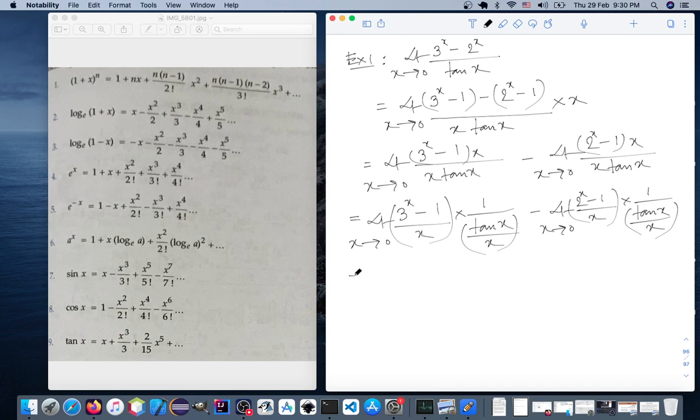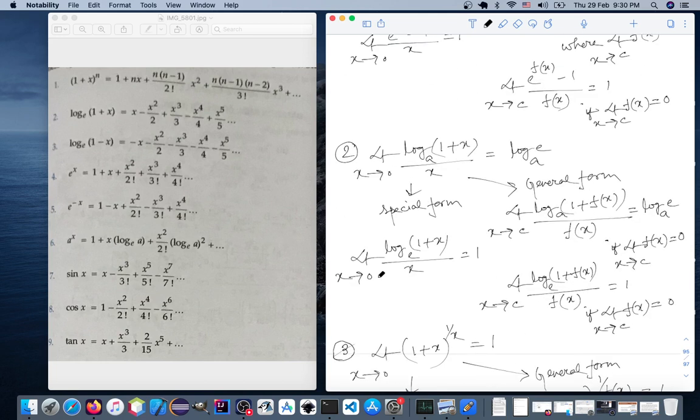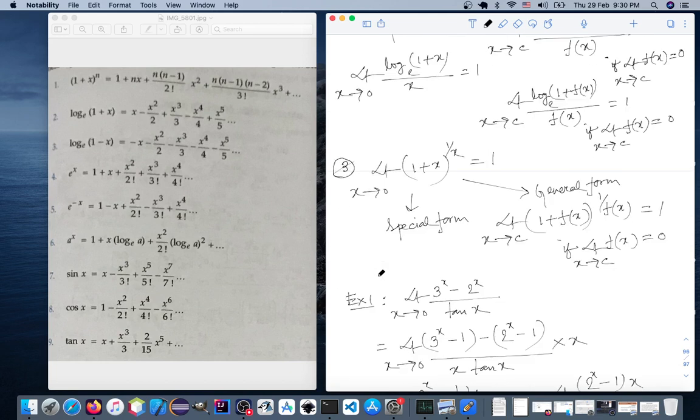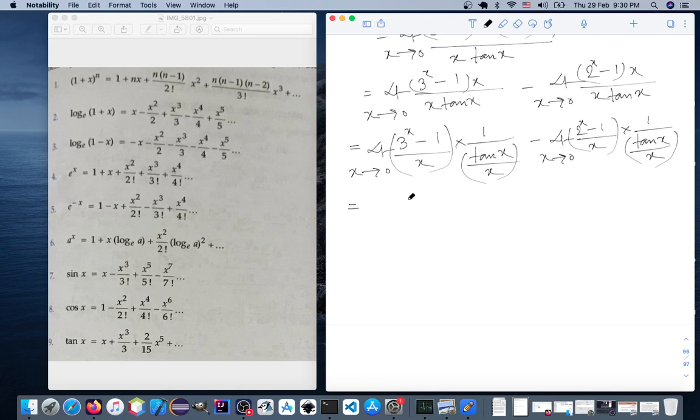So for 3 to the power x minus 1 by x, it will be log e 3. And of course this becomes 1 minus, over here we have log e 2 into this.